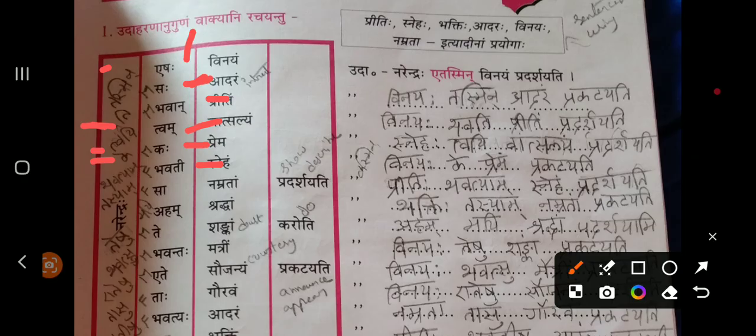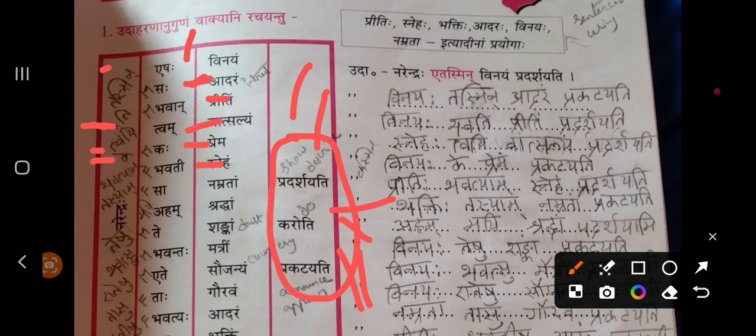After that, what you need to do? You need to use these verbs. Any of these three verbs. Pradarshayati means showcasing. Karoti, she does. Prakatayati, she announces. Here similar meanings are there. Pradarshayati means she showcases. Prakatayati, she expresses or she announces.